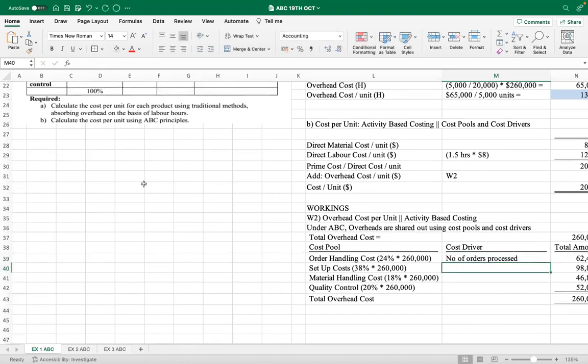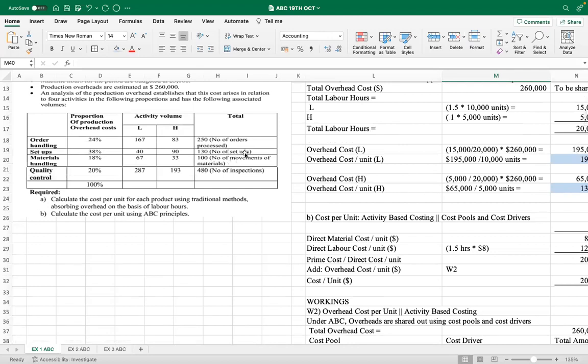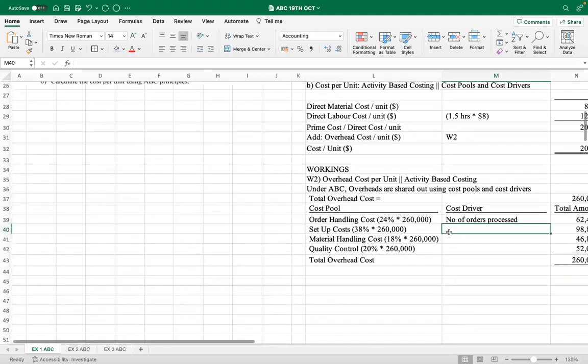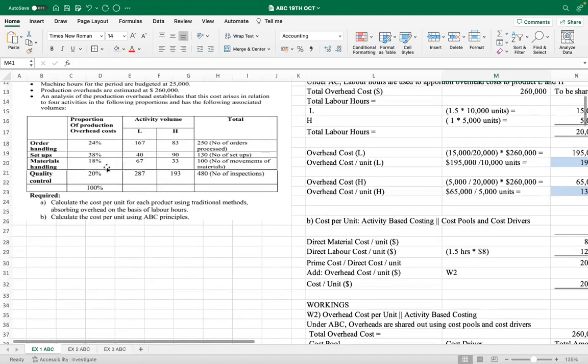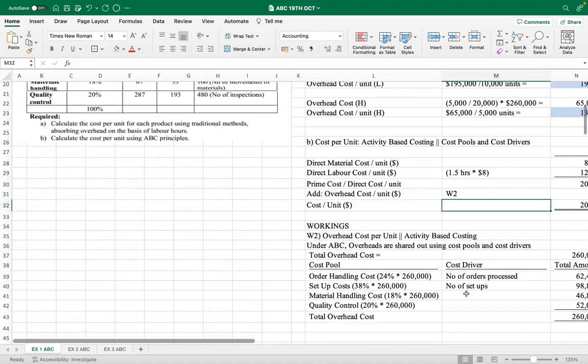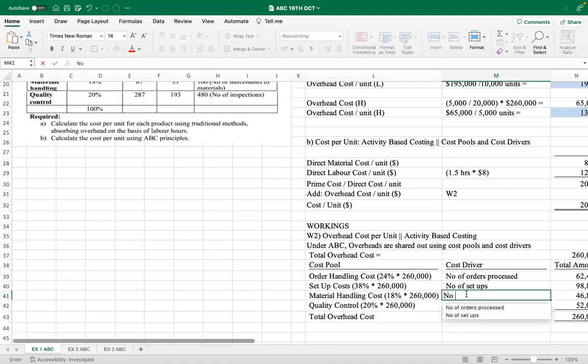The next one, setup costs, you are given number of setups. For material handling cost, it was number of movements of materials.